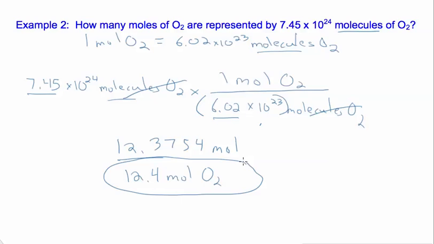It should be a very large number because we can't do anything with 3 or 4 or 5 or even 100 molecules. We have to have a very large number of molecules in order to have a significant amount of anything. So that's a good way to check if the math is going right for you and if you're doing it right. If you get 12 times 10 to the 23rd moles, you know that that's almost certainly incorrect. And if you get 10 molecules, you also know that that's incorrect. So go back and check your math and make sure you're setting up your problem correctly.